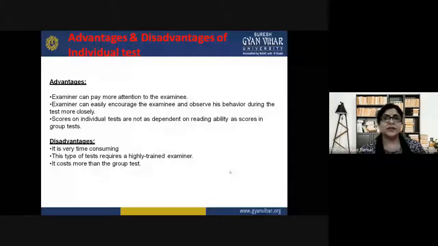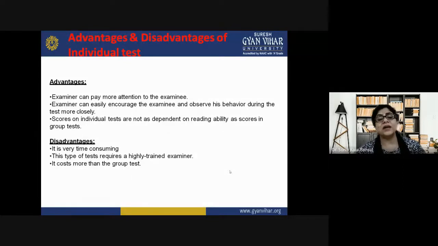But there are some disadvantages also, students. So we have to be very particular about the disadvantages also. It is very time consuming. Because when you are testing individuals one by one and there are many students in a class, you must be taking a lot of time in testing each individual. Moreover, the second disadvantage is that this type of testing requires highly trained examiners. Most probably, the person must be a good psychologist.